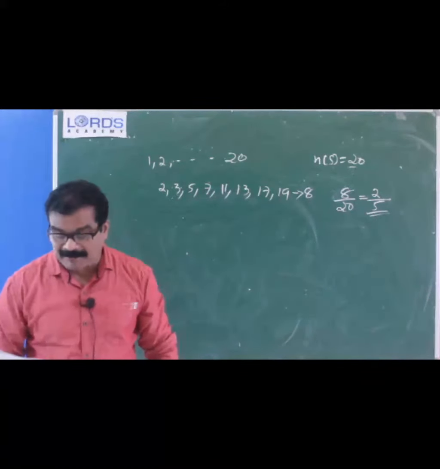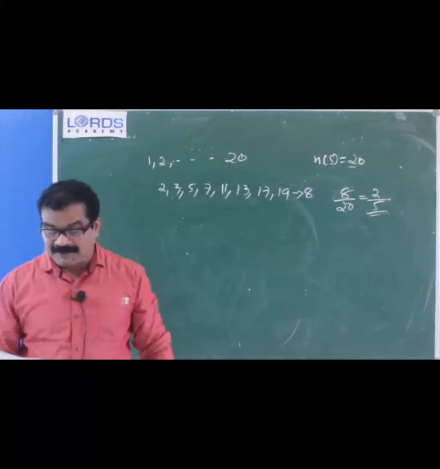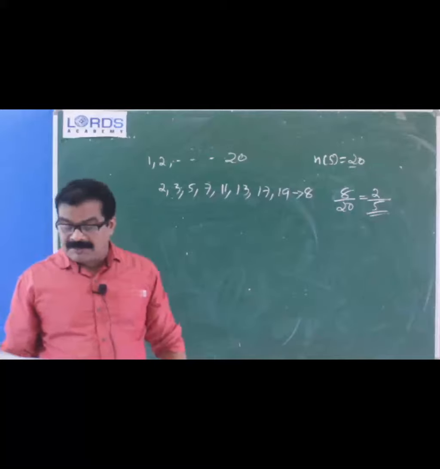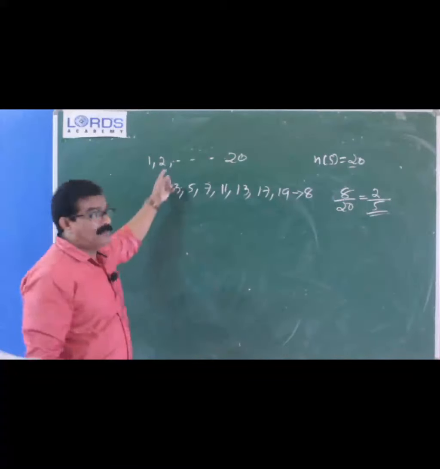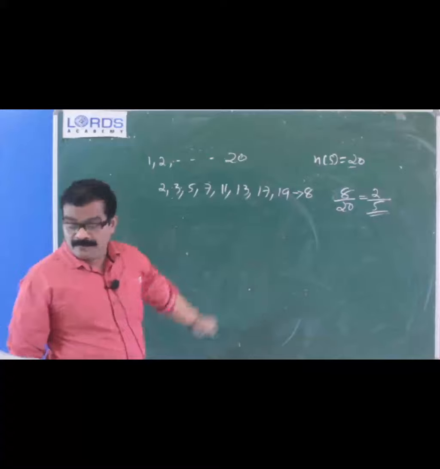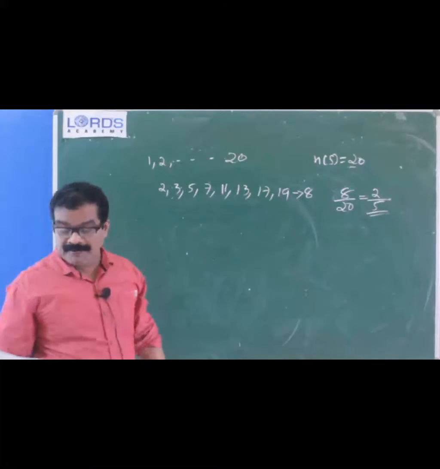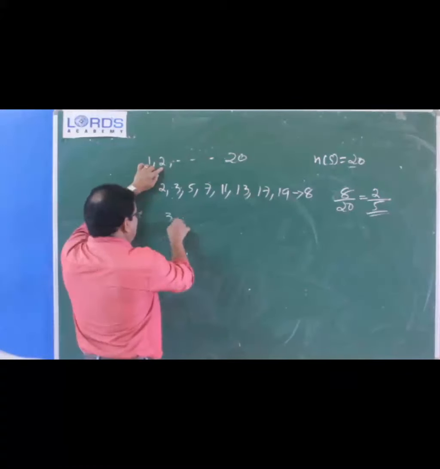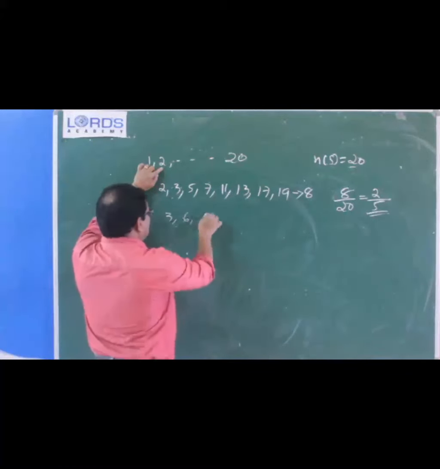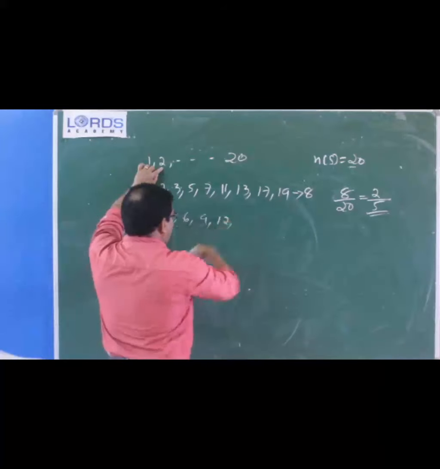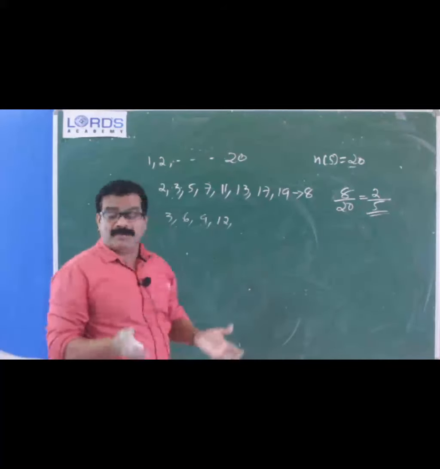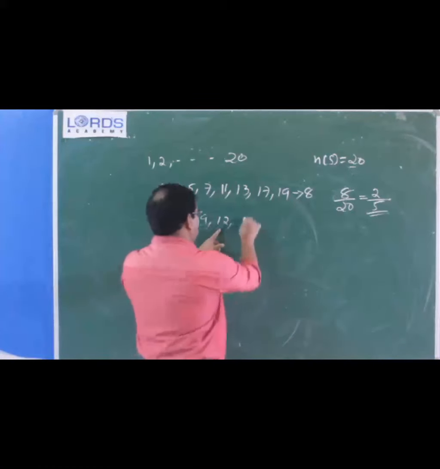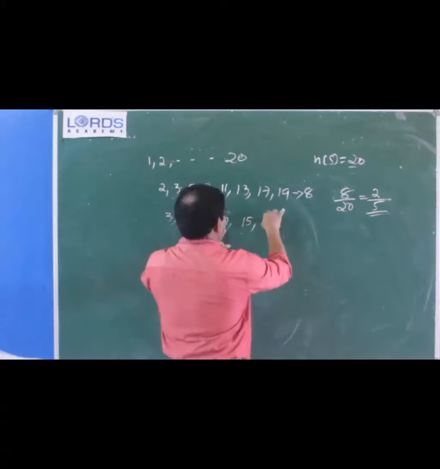The next subdivision is a number divisible by 3. What is the probability of getting a number divisible by 3? Please give me the numbers. Divisible by 3 means you take multiples of 3: 3, 6, 9, 12, 15, 18.